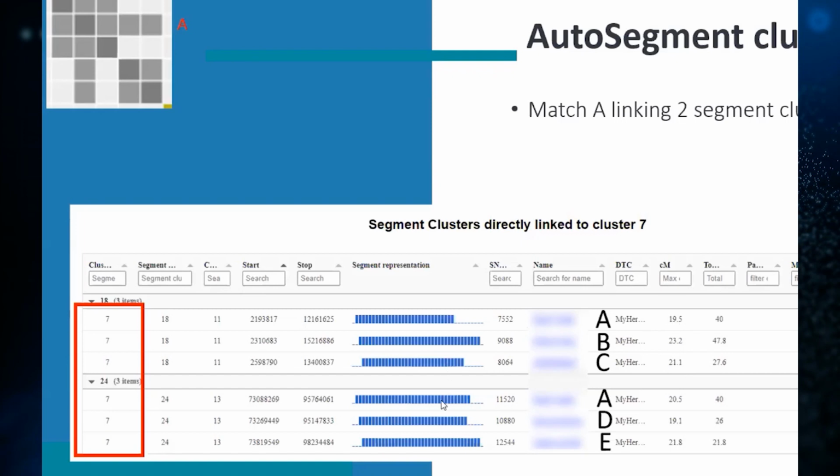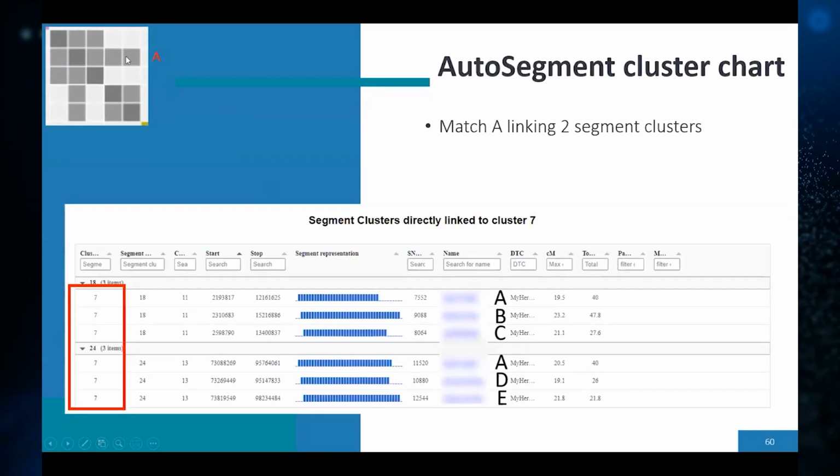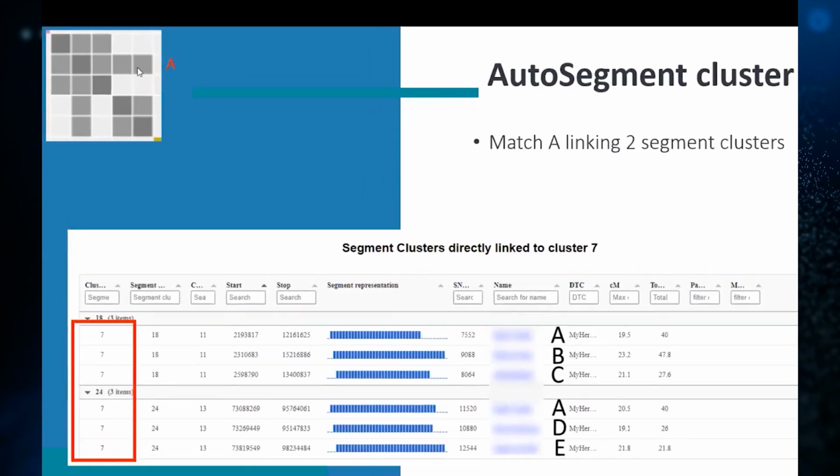And then we have another segment cluster on chromosome 13, which is from A, D, and E. So you see that A is again in here, and D and E are new. So A, if you look at the gray cluster, is linking two segment clusters. Do you see?